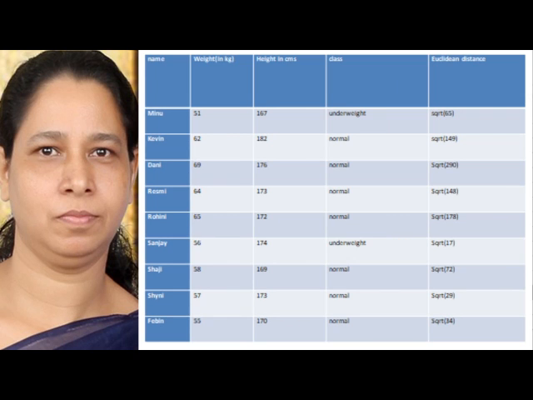Then the distance measures are calculated between Alina and all other tuples. For the first row, the Euclidean distance is the square root of (52 minus 51) the whole square plus (175 minus 167) the whole square, which is square root of 65.